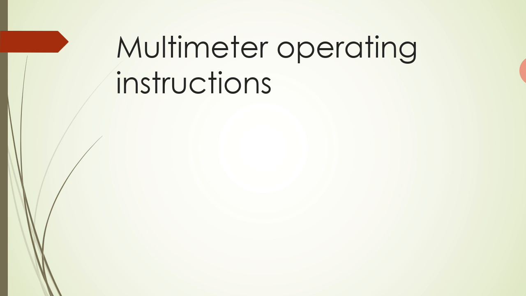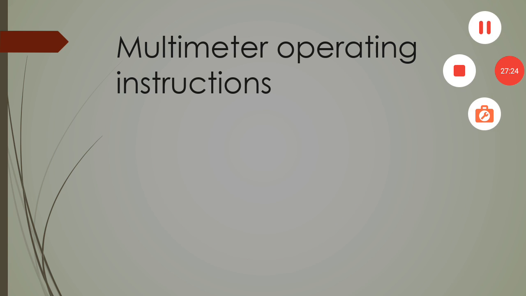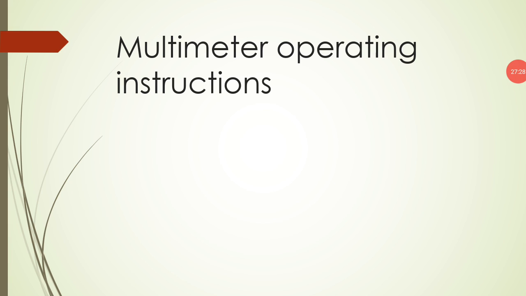Third point is for maximum accuracy and minimum loading, choose a voltmeter range such that the total voltmeter resistance is at least 100 times the resistance of the circuit under test.